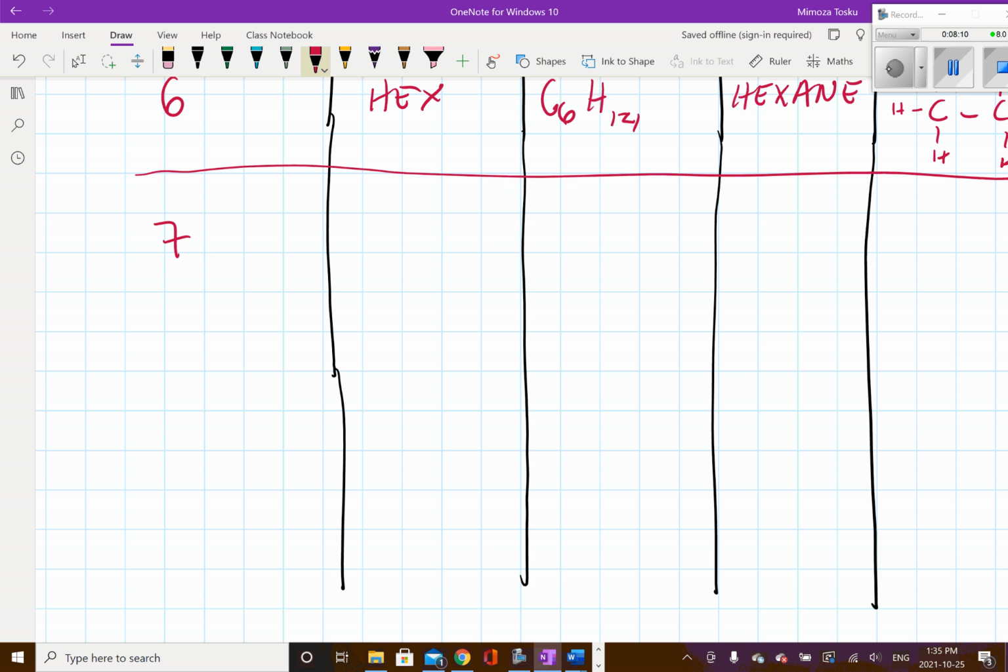Seven carbons means that the stem prefix is hept. Let's see, C7H16. The name is heptane.